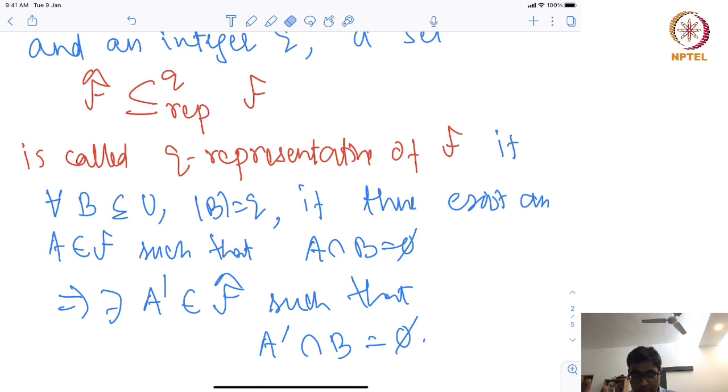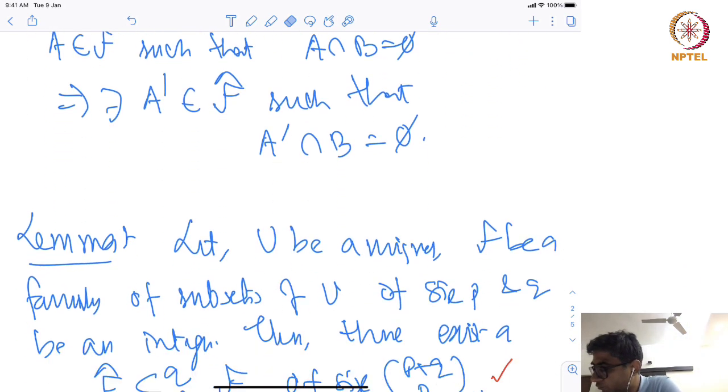If you give me a set of size Q, and it was disjoint from some set in the family F, it is disjoint from some other set, maybe the same set, in the family F hat. So, in the smaller family also I am able to produce a set which is disjoint from the set given. That is the notion of Q representative.